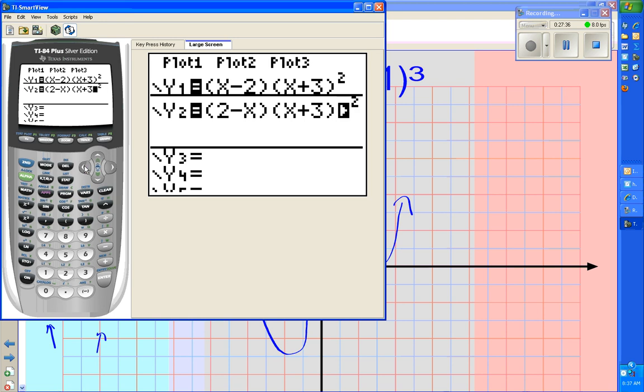I'm going to make that one a little bit darker when we graph it. What are you anticipating is going to happen to your graph? If anything. Will the 2 minus x change anything?